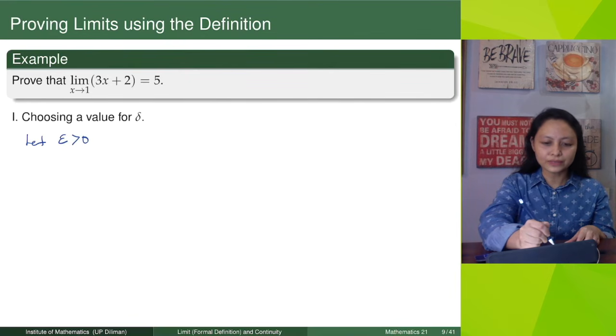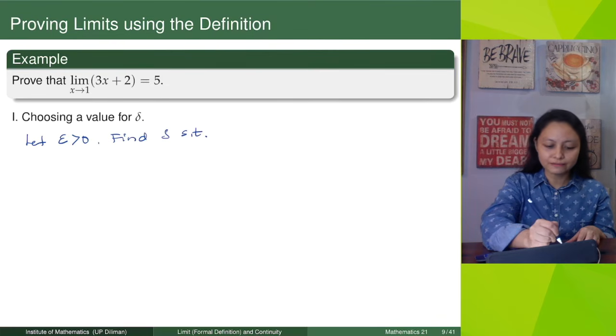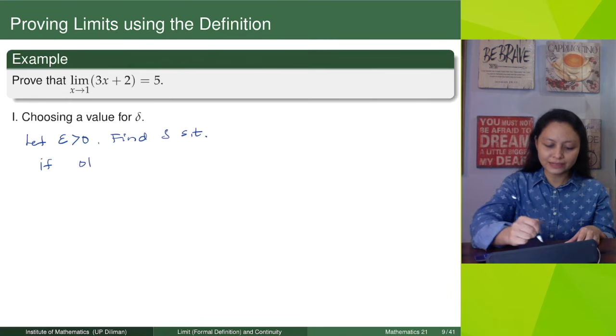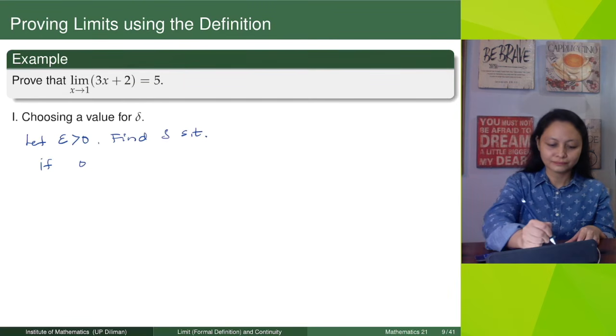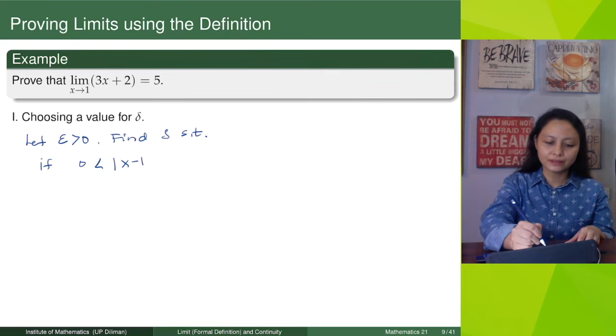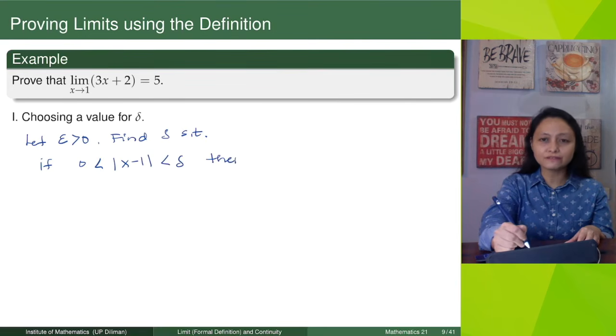And our goal is to find delta such that, what does the definition say? If the absolute value of x minus 1 is greater than 0 but less than delta, then the absolute value of f of x, our f of x in this example is 3x plus 2, minus L, so minus 5, is less than epsilon.